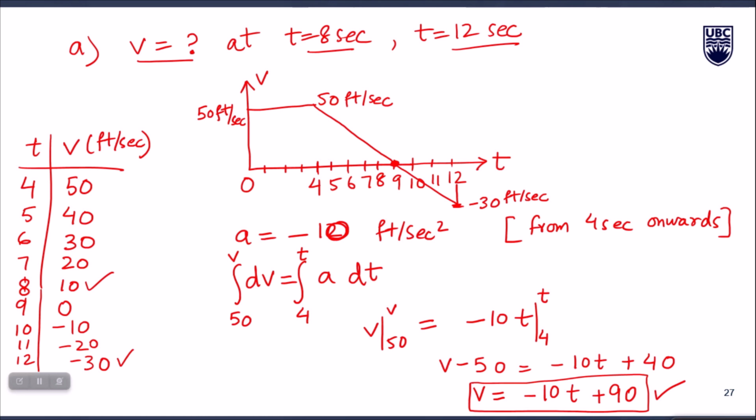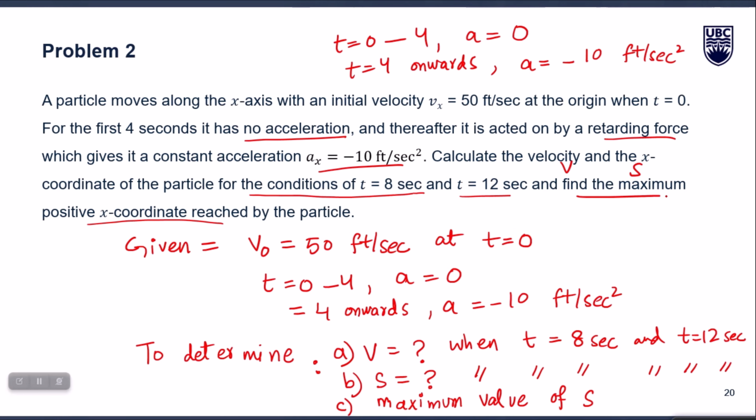It was going away from you, but at t equal to 9 it turned and now it is coming towards you. Which means that when part C asks us to determine the maximum positive x coordinate, the maximum value of displacement, it is asking us to determine s at t equal to 9 seconds, right?